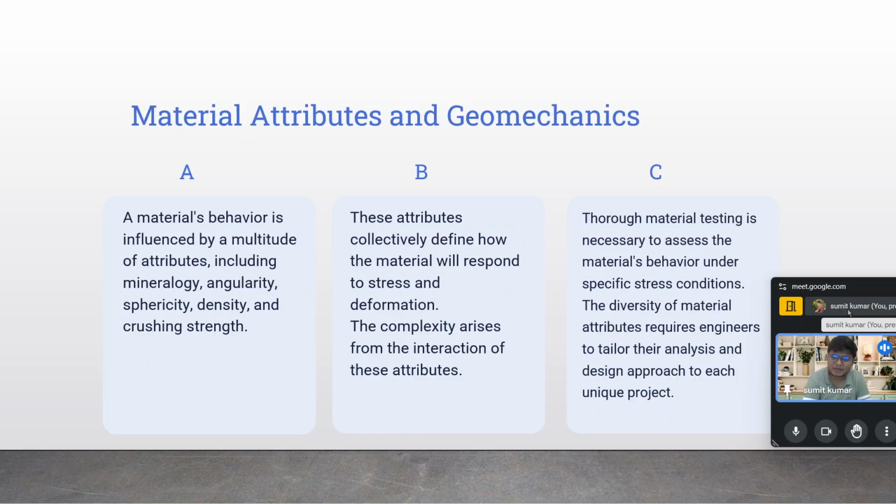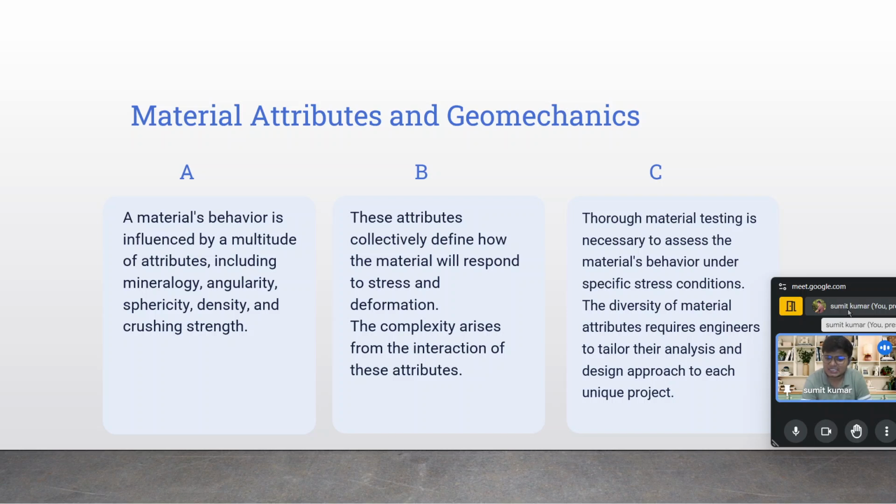When we talk about the material attributes and geomechanics, the material behavior is influenced by a multitude of attributes including mineralogy, angularity, sphericity, density, and crushing strength, and these attributes collectively define how the material will respond to stress and deformation.